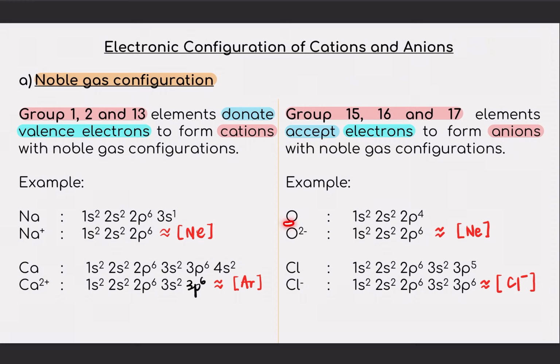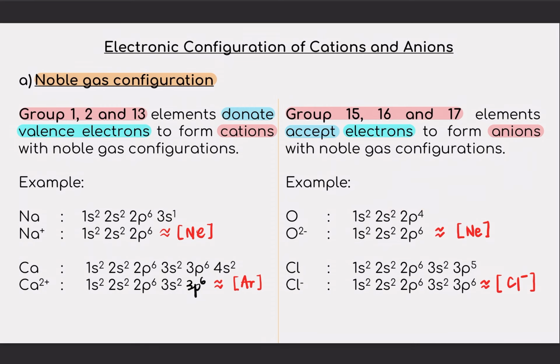So for example, we have group 16 oxygen. This is the electronic configuration. If you look here, in your 2p orbital you only have 4 electrons, and in 2s you have 2 electrons. So 2 plus 4 is just 6 electrons, and you want 8 electrons.